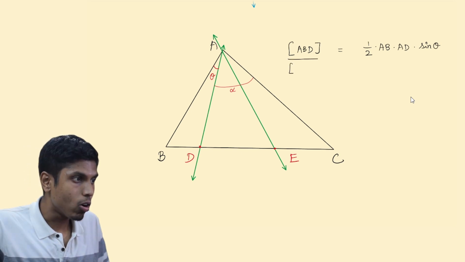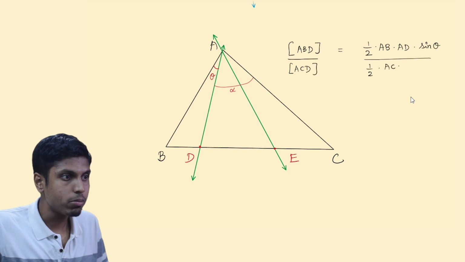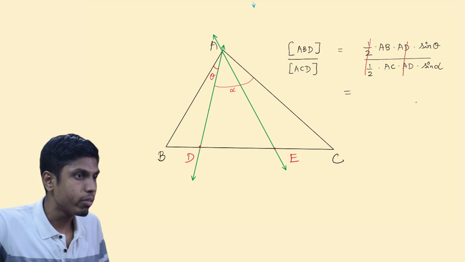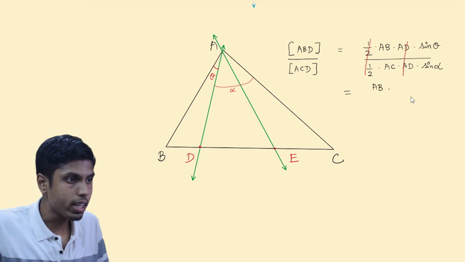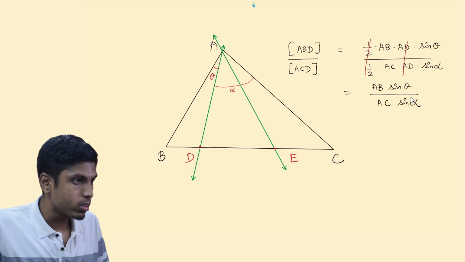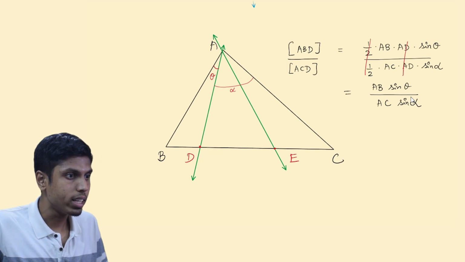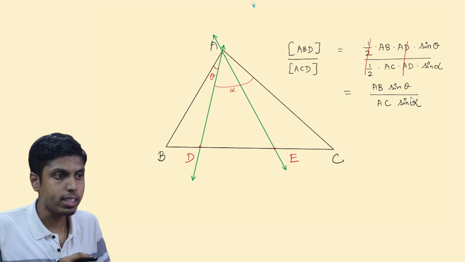And the area of ACD would be half of AC times AD times sine alpha. Hence, this simplifies to AB sine theta by AC sine alpha. So we get that area of ABD by area of ACD is AB sine theta by AC sine alpha.